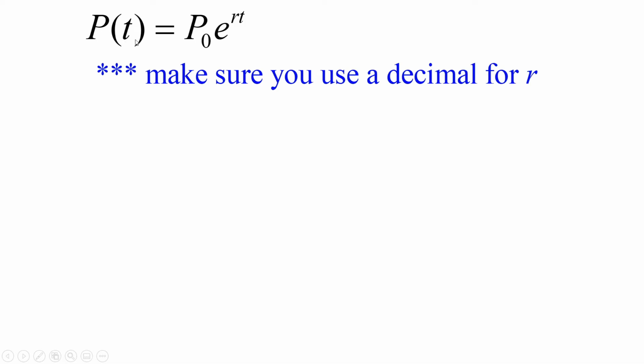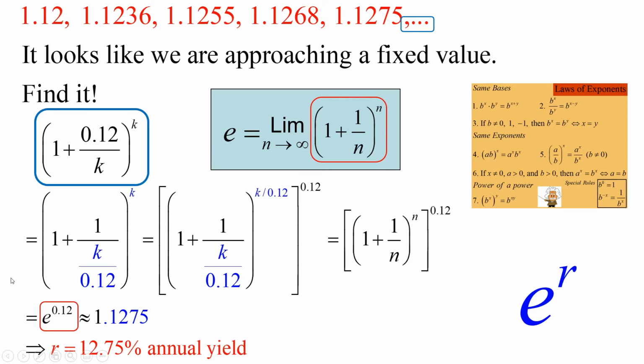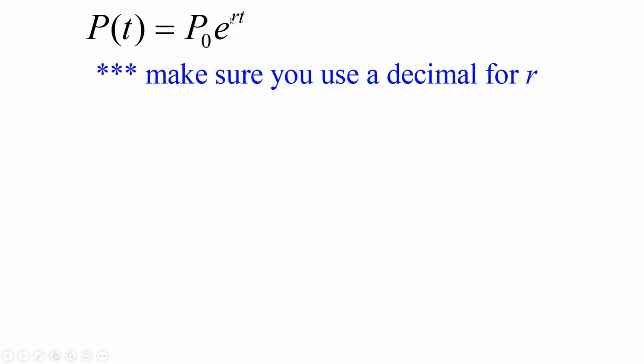P of t equals our initial value, or if we're investing money, our initial investment, times e to the r, and that's the e to the r we just developed on the previous slide, to the t, or r times t, and t is the number of time units that we're doing this. You know, it might be years, days, minutes, whatever.